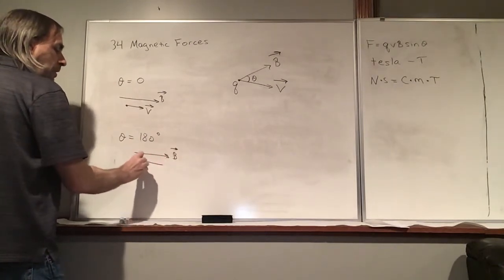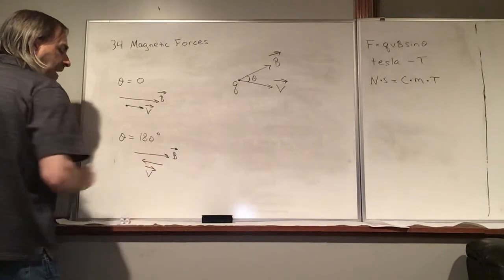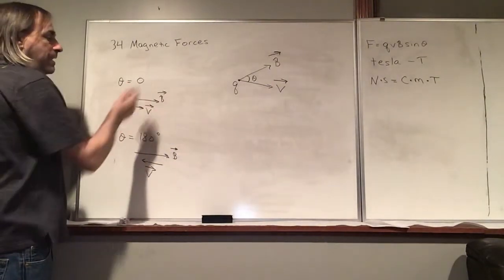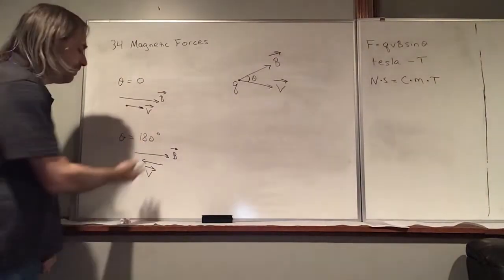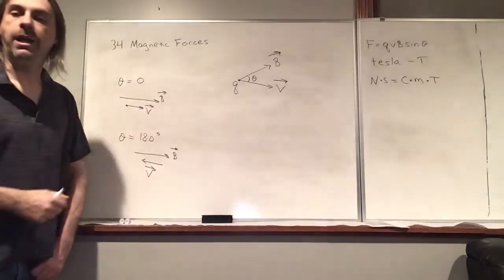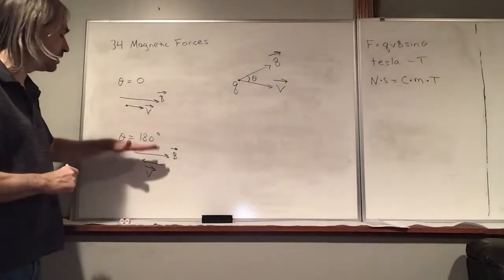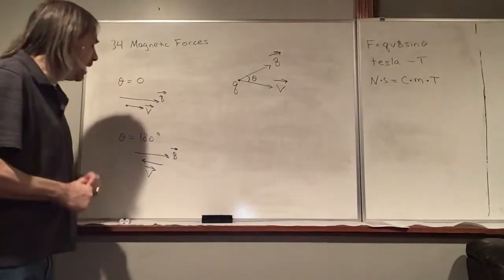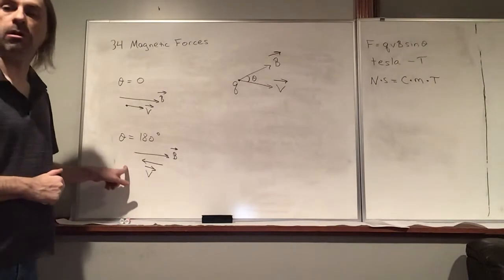To draw theta equals 180. So this is called velocity and the magnetic field are parallel. When it's a 180-degree angle, they're pointing in opposite directions. So it's parallel lines, but because they have directions, this is called anti-parallel.